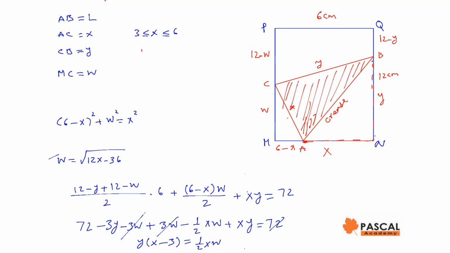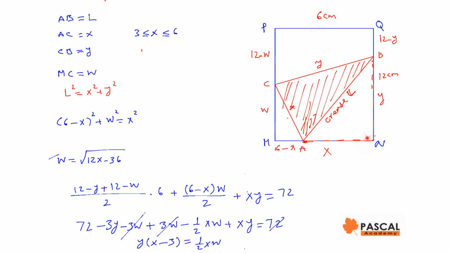If L is the length of the crease, L² would be X² plus Y². And X² is the same as W to the power of 2 plus (6 minus X) to the power of 2. That means W is square root of 12X minus 36.